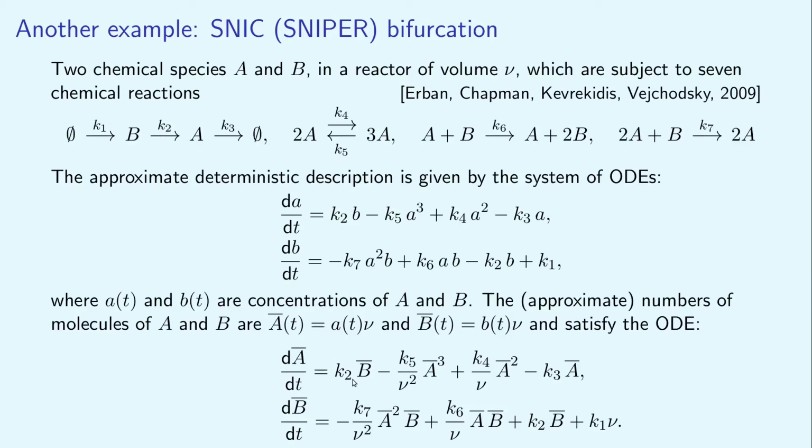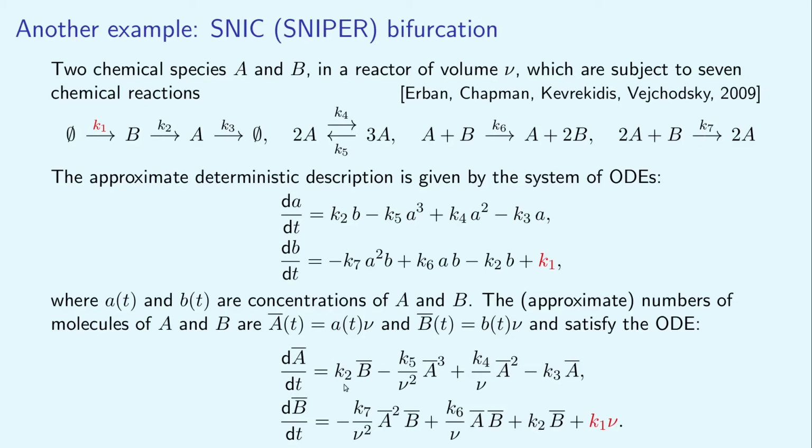They include the same 7 parameters which we need to specify when we apply the Gillespie algorithm. In our illustrative results, I will use a set of parameters which appeared in this paper. In particular, I will fix the values of 6 rate constants K2, K3, K4, K5, K6 and K7, and I will also consider the fixed system volume nu.